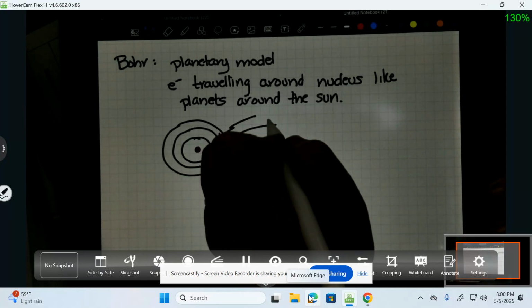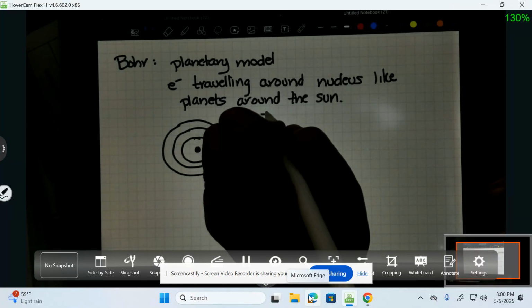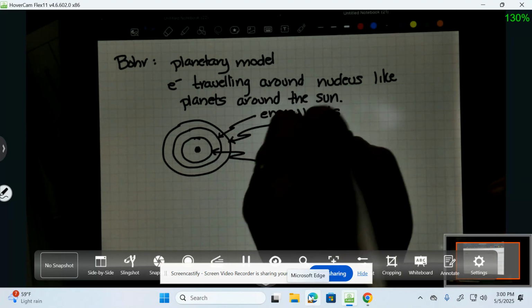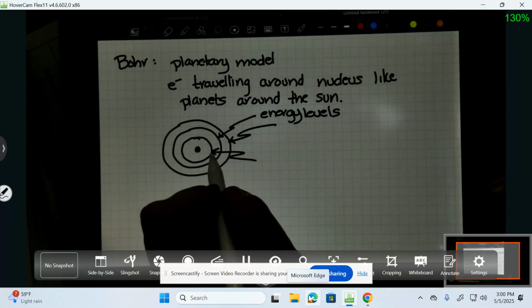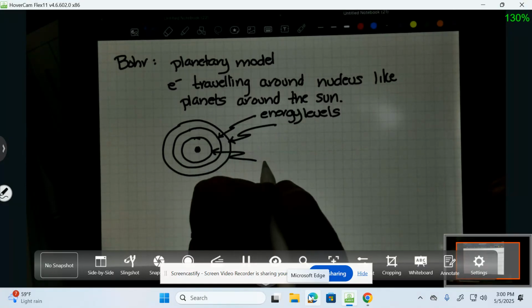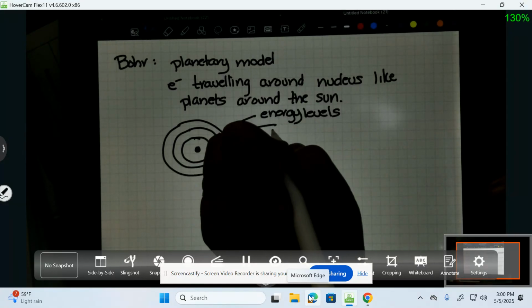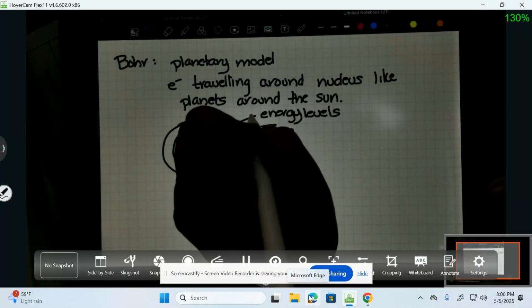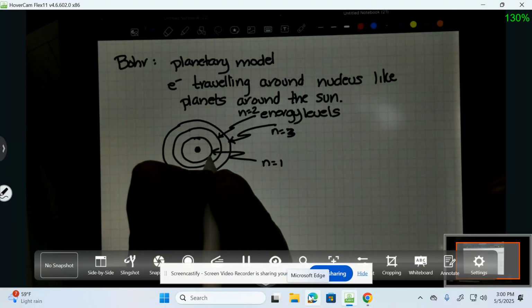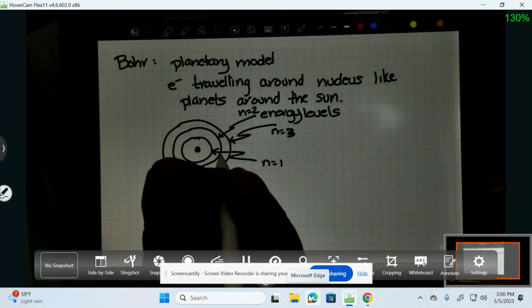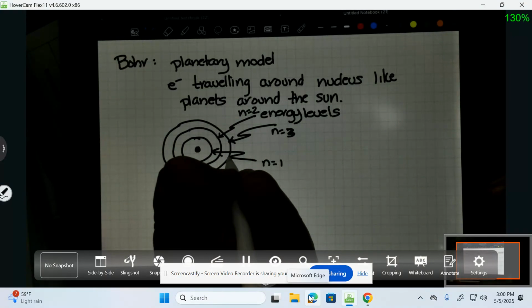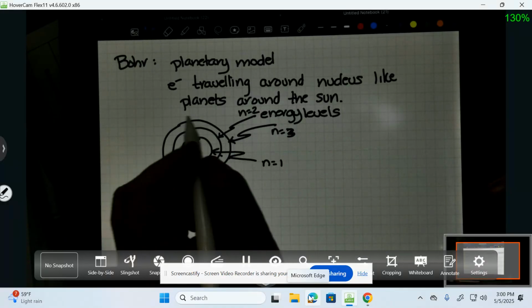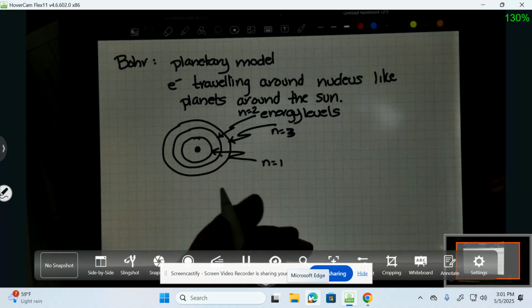And these rings are these energy levels, where the one that's closest to the nucleus is n equals 1, and this would be n equals 2, and then the third one is n equals 3. 1 is the closest to the nucleus, 2 is the next one, 3 is the one out here. They have different amounts of energy, and the electrons have to be on one of those energy levels.